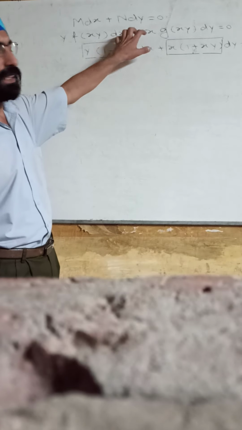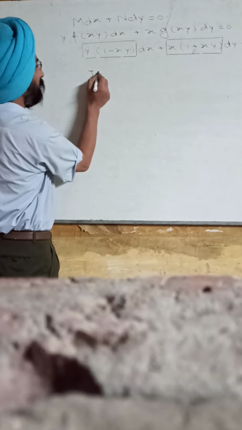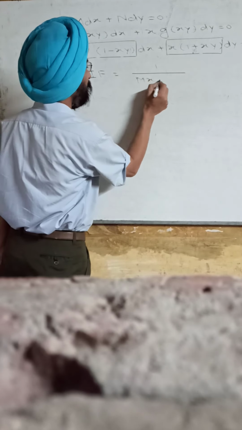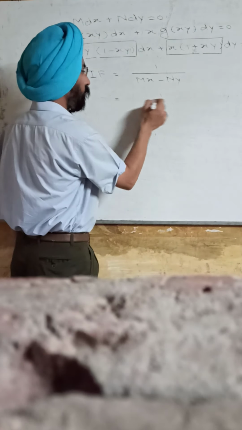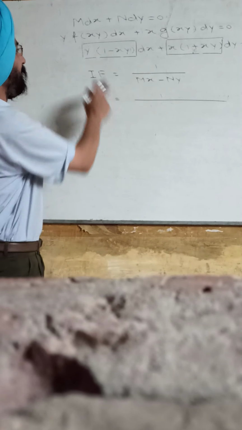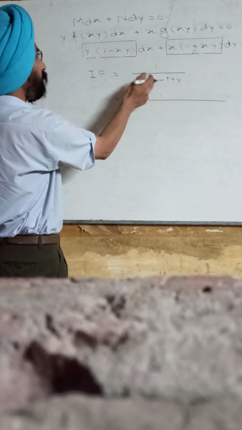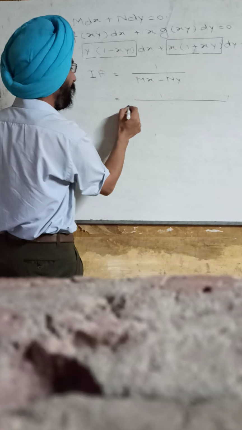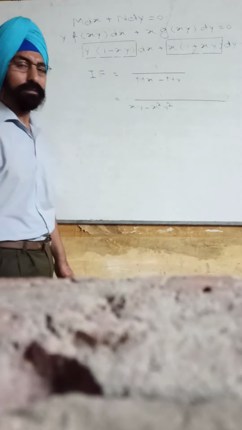Since this equation is in this form, as we discussed, the integrating factor will be 1 upon Mx minus Ny. What it will be now? Let us calculate Mx. This is your y(1 minus xy), this is your M. Now multiply by x, you will get xy here. Now open the bracket, you will get xy minus x square y square.